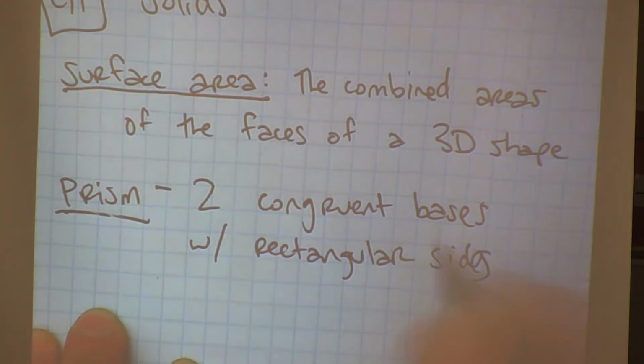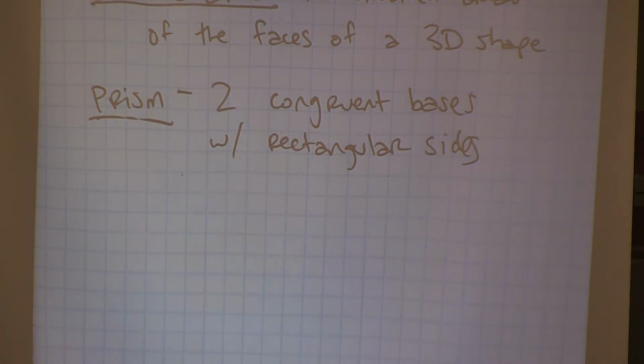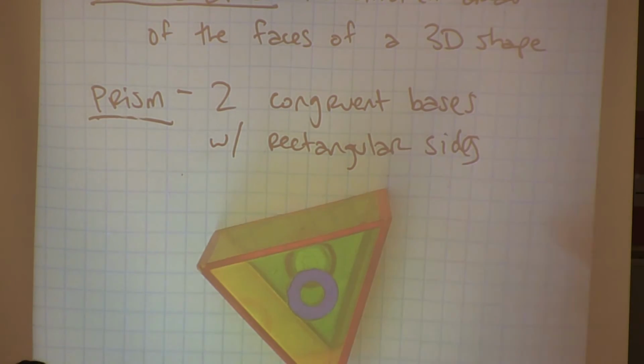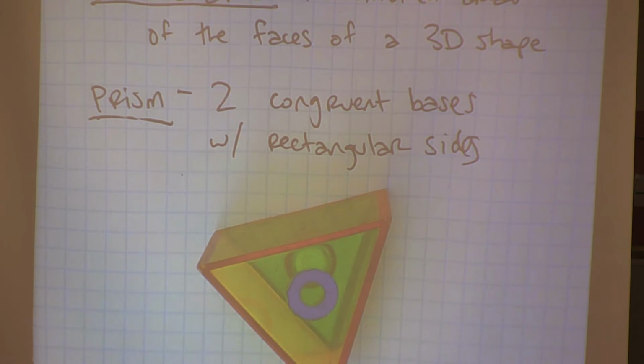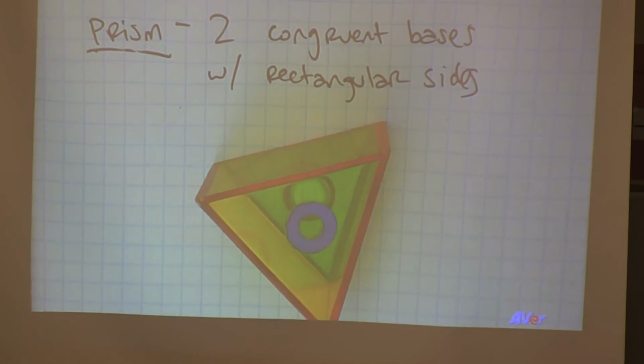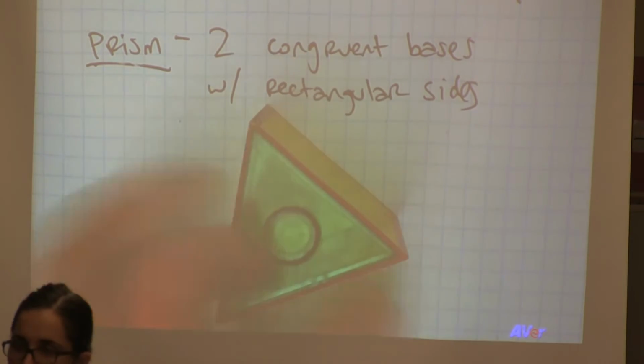So, examples of prisms. They are named for their base, right? This that I was just showing you is a prism. And what's the base shape? A triangle. So that's a triangular prism.